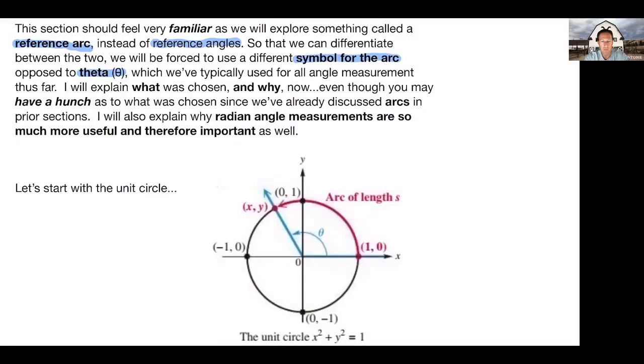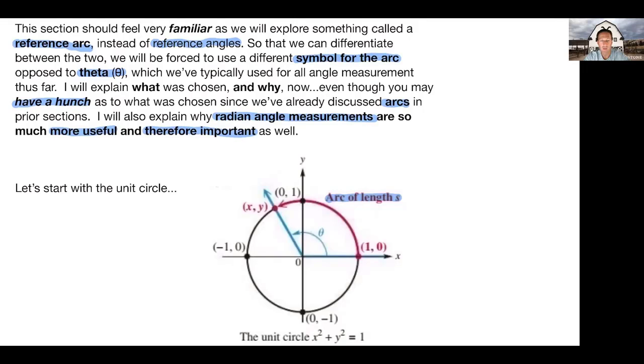We've already talked about an arc length, and we used the letter S. So you may have had a hunch already that that's what we're going to use in order to talk about these trig functions in a little bit different form. And we're going to continue on with this radian angle measurement that we're finding hopefully more useful, and because of that fact, very, very important.